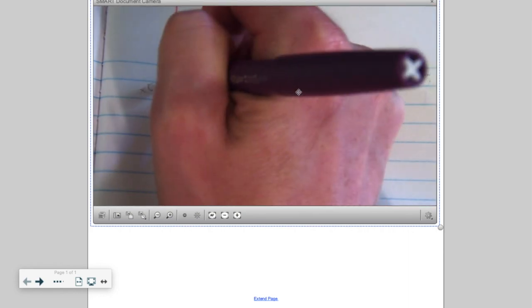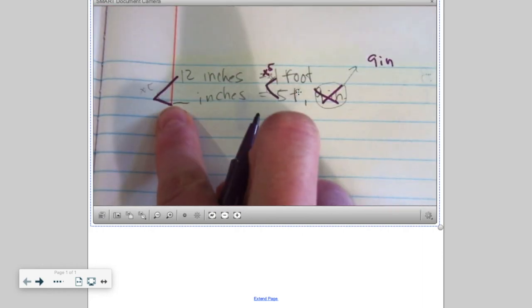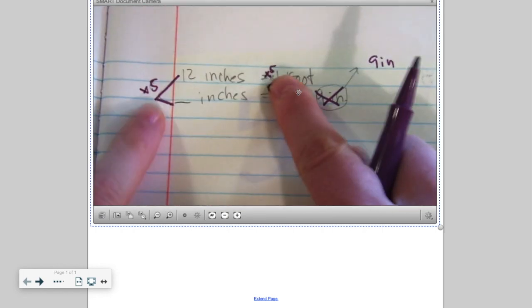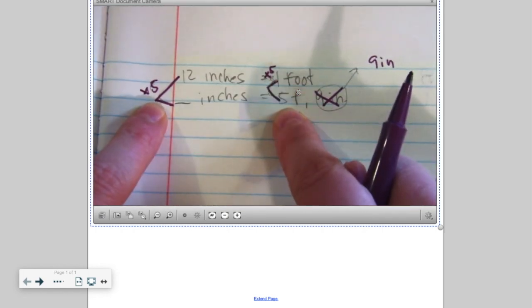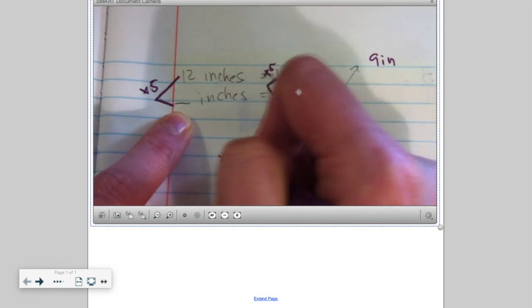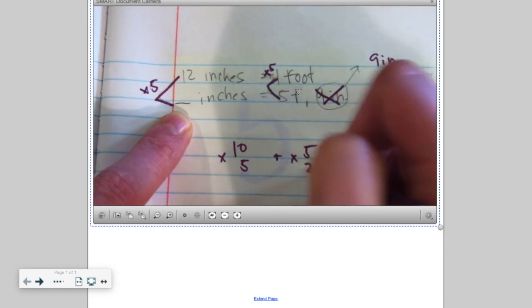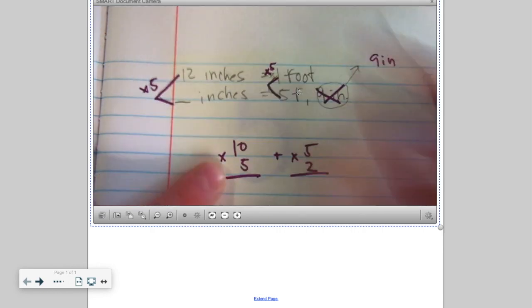So to go from 12 inches in 1 foot to how many inches in 5 feet, I would do times 5, because what I do to one side of the equation, I do to the other. So 12 times 5 is 10 times 5 plus 5 times 2. I just broke up my 12.